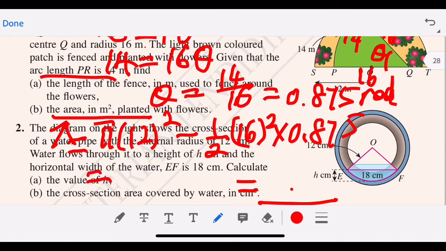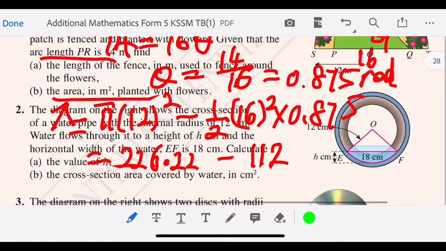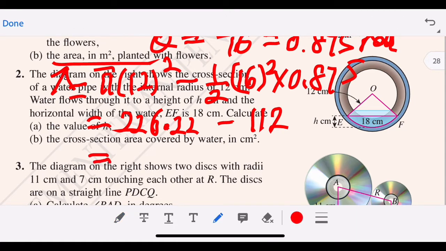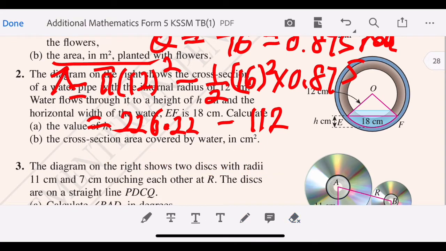The semicircle gives 226.22 meter square, and you minus out 112 meter square. Finally your answer for the area should be 114.22 meter square. That is question number 1.